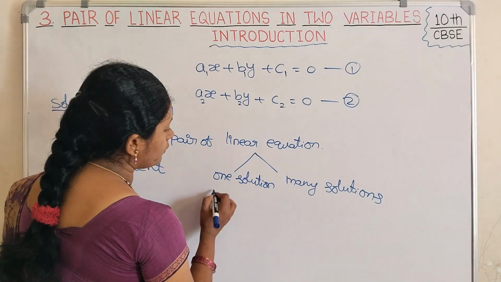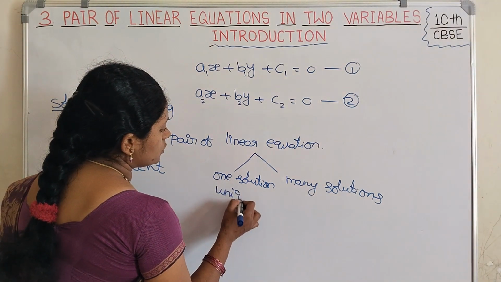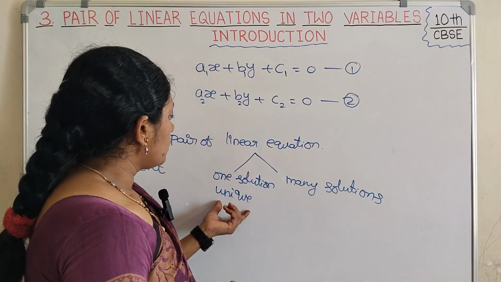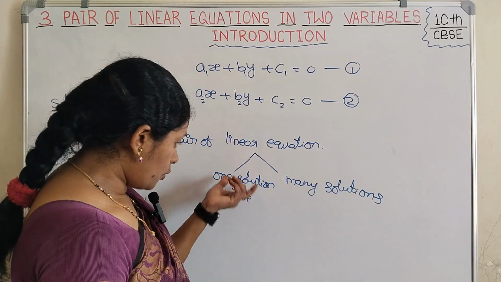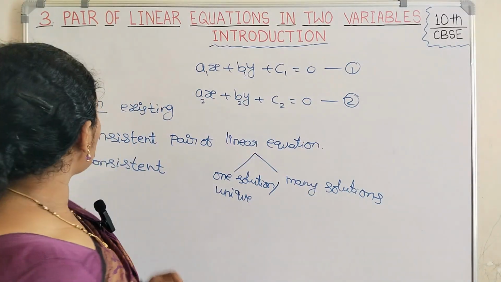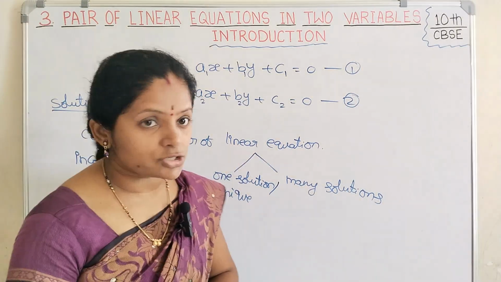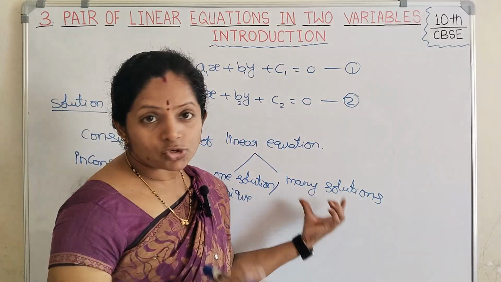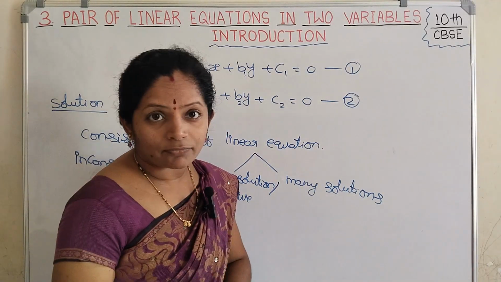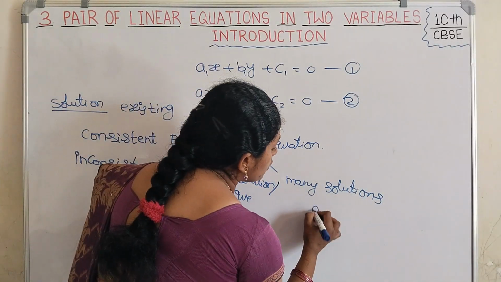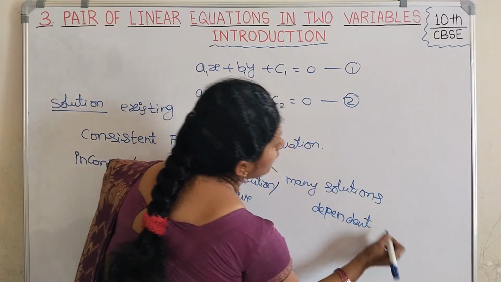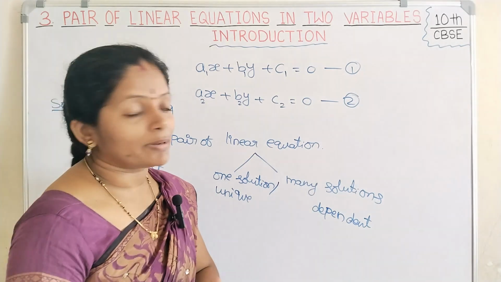If there is one solution, the unique solution, that type of system is called a consistent pair of linear equations. If there are many solutions, in that case also we say a consistent pair of linear equations, but these are also called a dependent pair of linear equations. You should remember that.